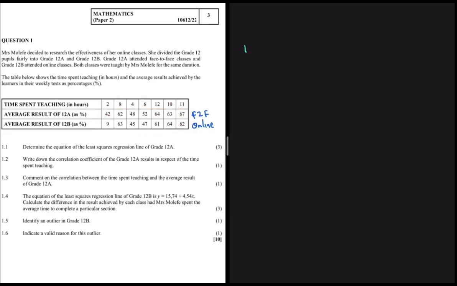Question 1.1 says let's determine the equation of the least squares regression line of 12A. So our x is going to be the time spent teaching. Let me write that down.